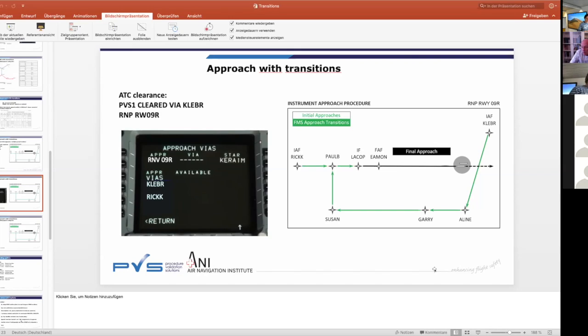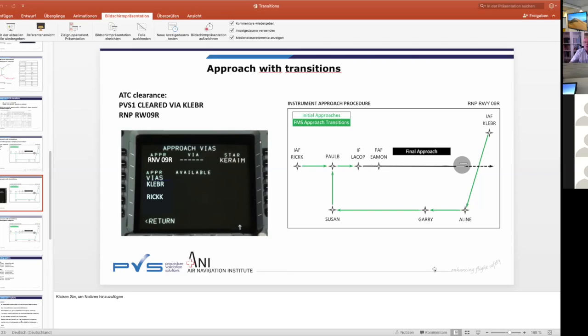It can be confusing because the one talking about it, the one hearing it, might have another concept or another perception of what is meant. If you look at the ATC clearance in our examples, you won't see the word transition anywhere, and that's for a purpose. You say you are cleared via, you are cleared a star via, but you never say transition, and that's for a good reason.